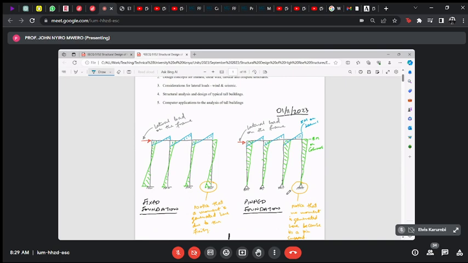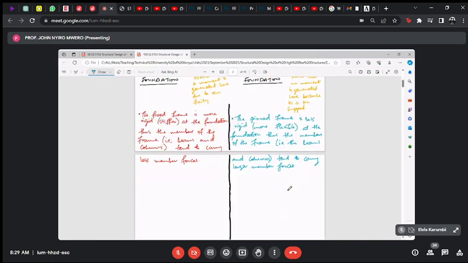At some point, as the building becomes bigger, fixing or not fixing does not make much difference. This advantage vanishes.